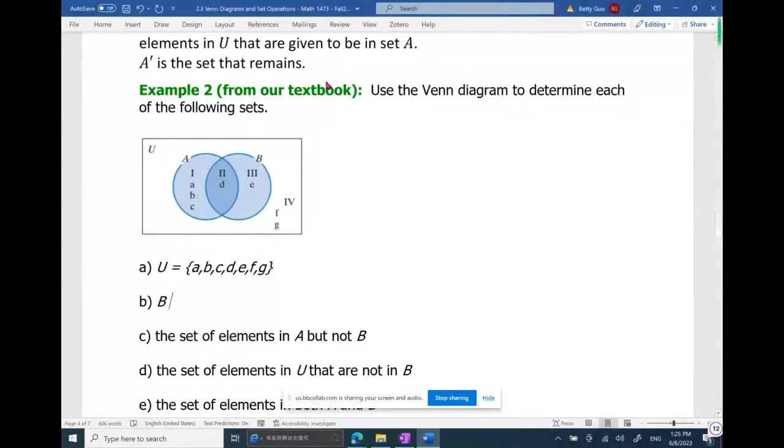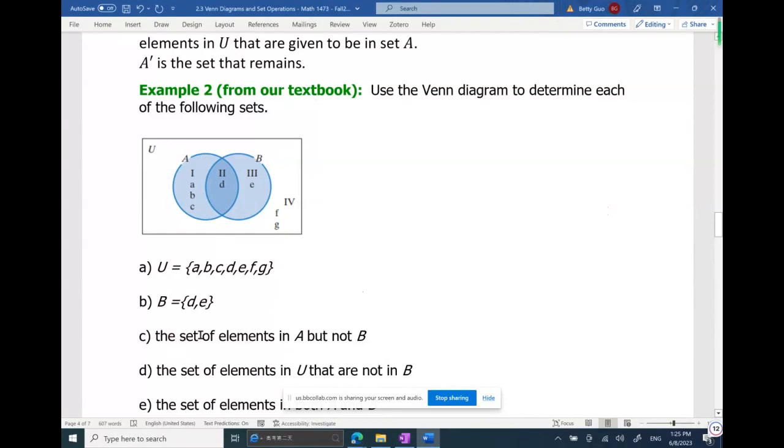Set B, let's see what the elements in set B are. Set B is represented by this circle, and there are two elements in this circle, D and E. We use a comma in between the elements to separate the elements in the set.